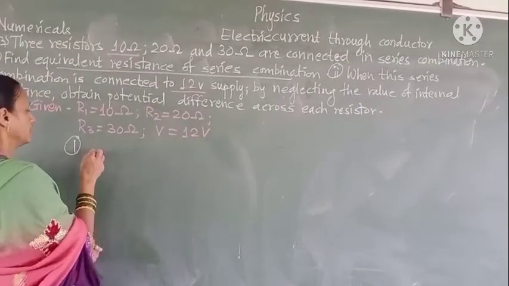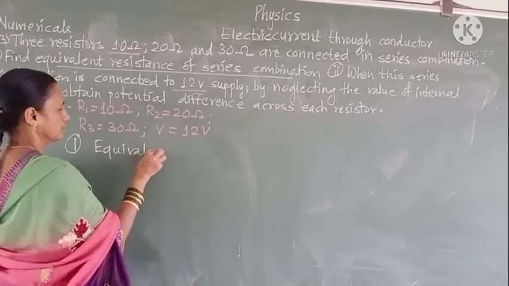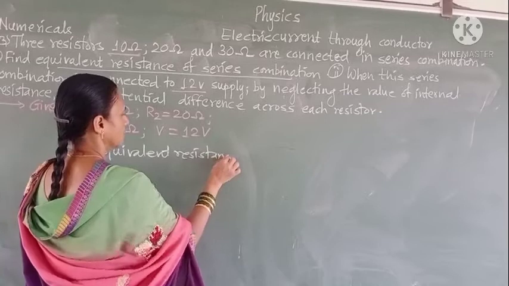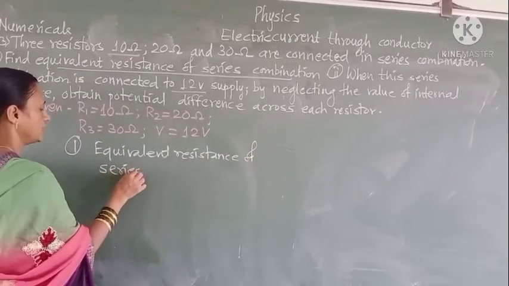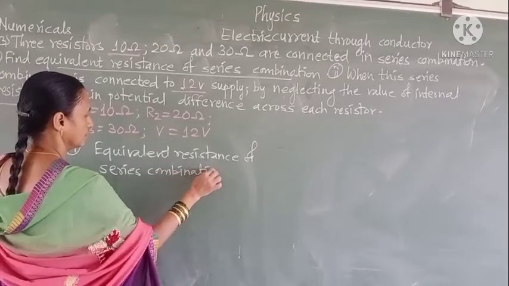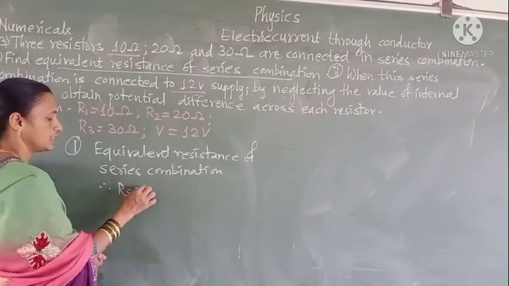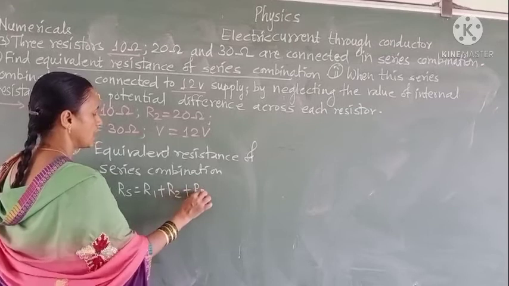In case of equivalent resistance of series combination, we have to take RS is equal to R1 plus R2 plus R3.